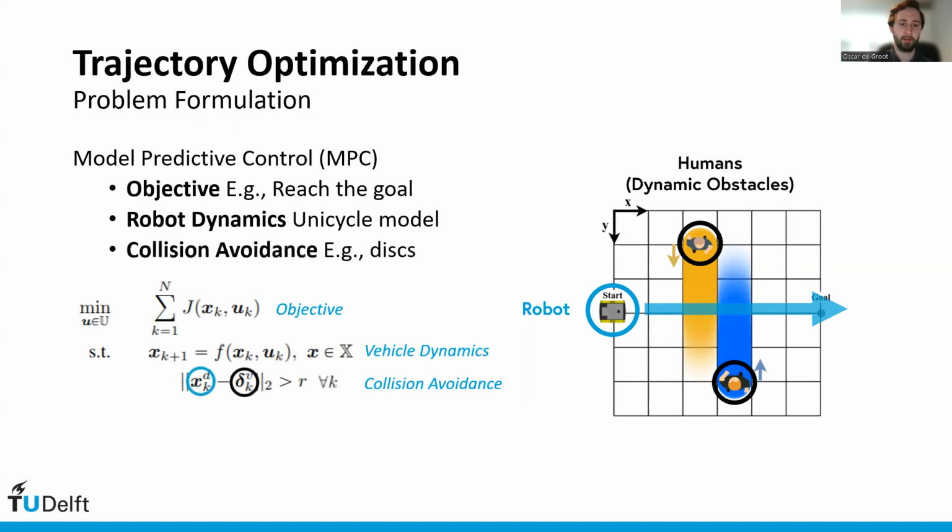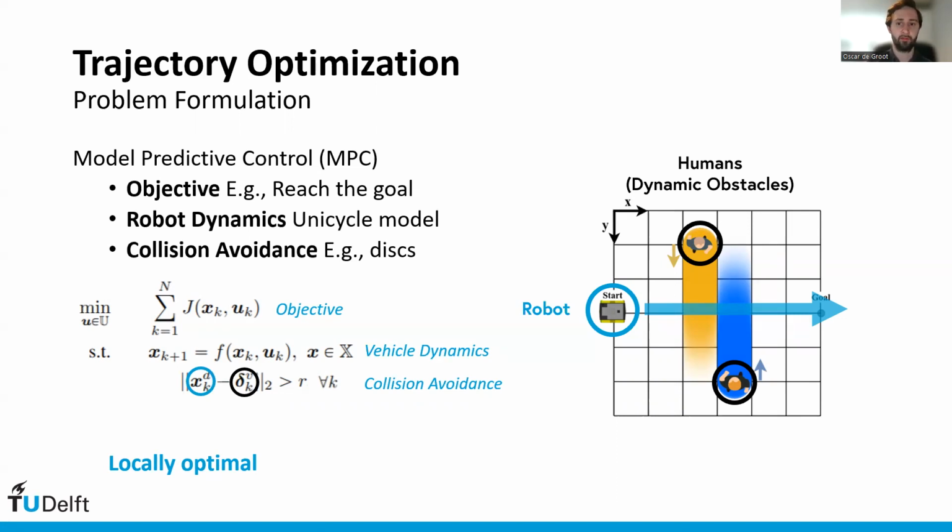And then we formulate collision avoidance constraints that specify that the robot and the humans must not overlap in their collision areas. Now, unfortunately, because the space in which a robot can plan is non-convex, this program itself is locally optimal. And the solution to the optimization is locally optimal.